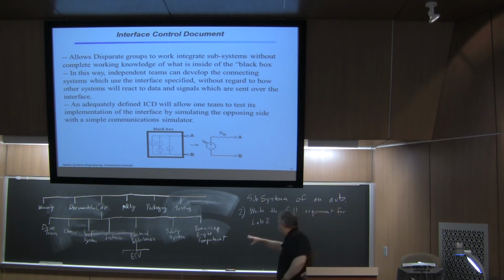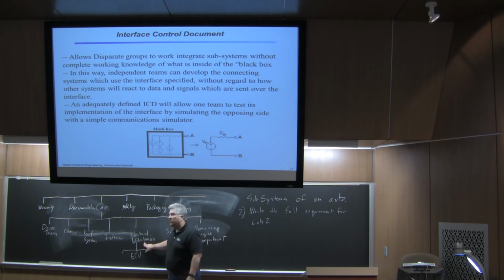So if we look at our automobile system, the anti-lock braking system is going to have to coordinate with the electrical and electronics. It would probably be very helpful to say, the ABS system will use the CAN communications bus.